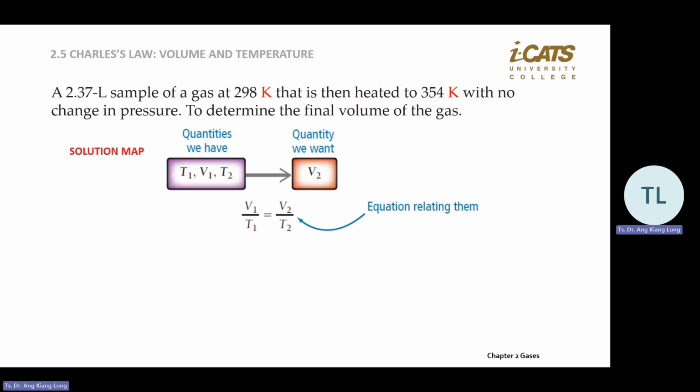Okay, I show you the steps. You need to show me Charles' law. You need to write V proportional to T. Then you need to write V equal to constant times T. Then you rewrite V divided by T equal to constant. Then for two conditions, V1 divided by T1 equal to V2 divided by T2. Substitute the values.